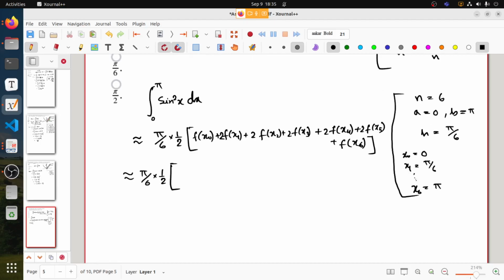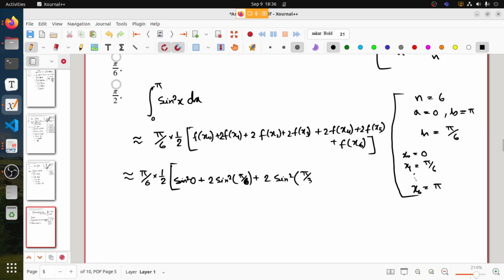x0 is 0, so it means sin square 0, right? So this is sin square 0 plus 2 into sin square of x1, which is pi by 6, right? Plus 2 into sin square of pi by 6 plus pi by 6, which is pi by 3, right?